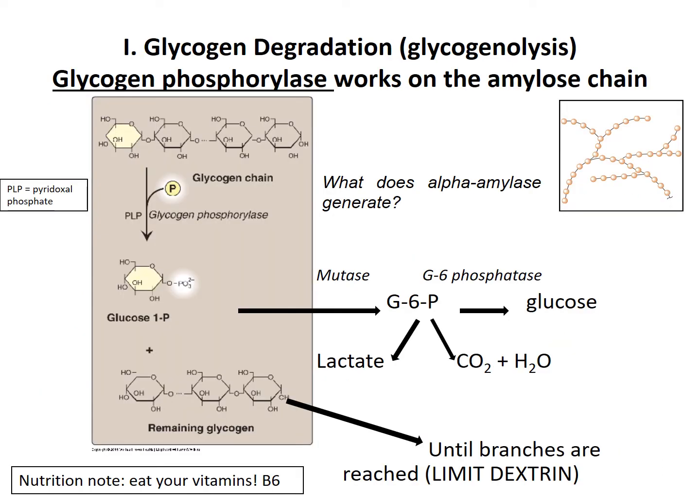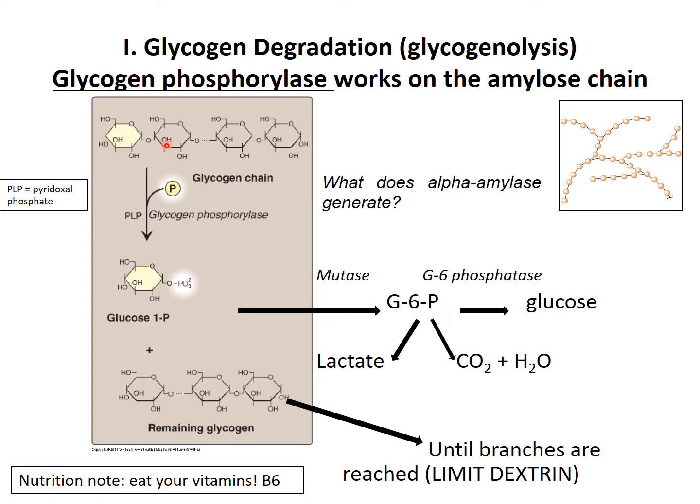All right, let's see glycogen degradation, which we call glycogenolysis. The key enzyme is called glycogen phosphorylase. Please remember that. Glycogen phosphorylase works on the non-reducing ends of the amylose chains. All right, what does it do? This is not simple hydrolysis.